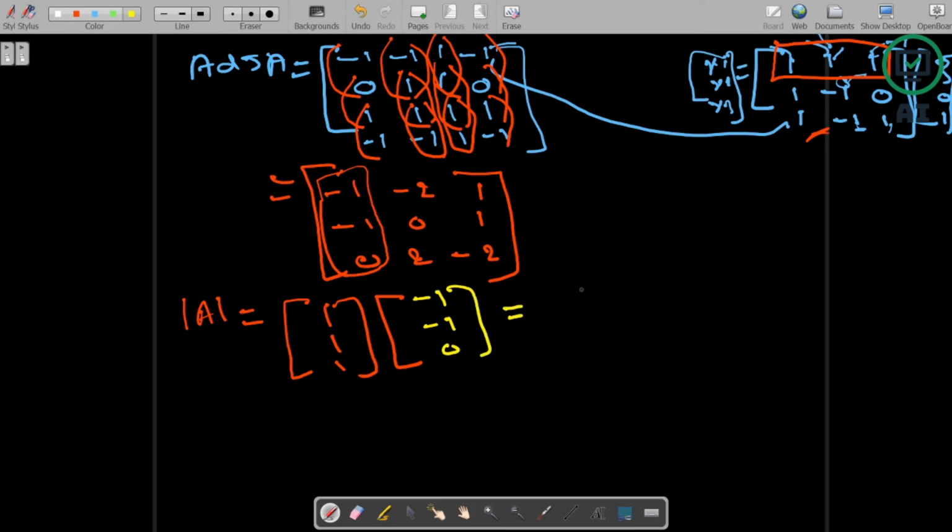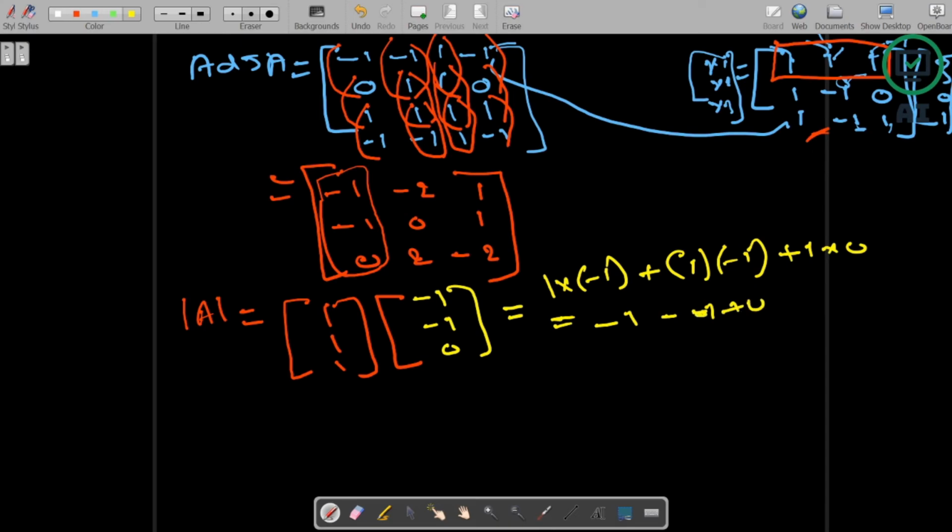Just multiply it. So what we will get: 1 cross minus 1 plus 1 cross minus 1 plus 1 cross 0. So this is nothing but minus 1 plus 0. So this is nothing but minus 2. So the determinant is minus 2.